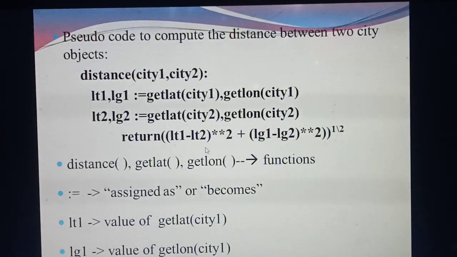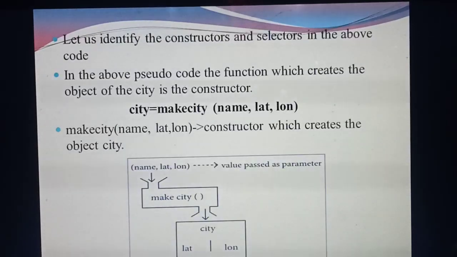What is the meaning of LT1? It will get the latitude of city 1. LG1 means it will get the value of the longitude of city 1. LT2 means it will get the latitude of city 2. LG2 means it will get the longitude of city 2. This and all, if you understand, you can write on your own. It is the same thing only.